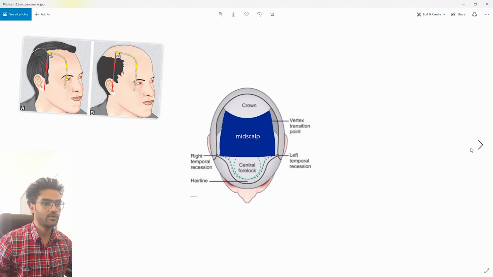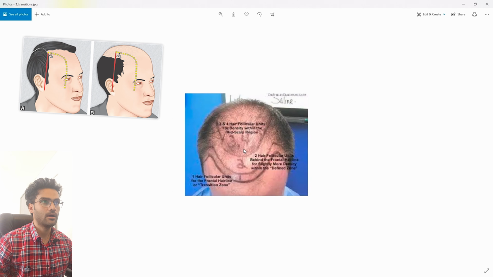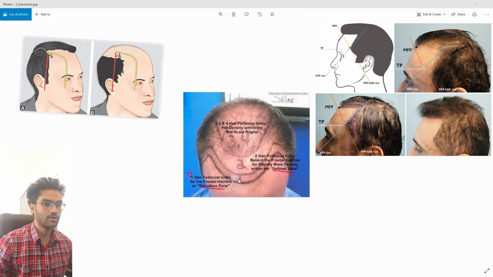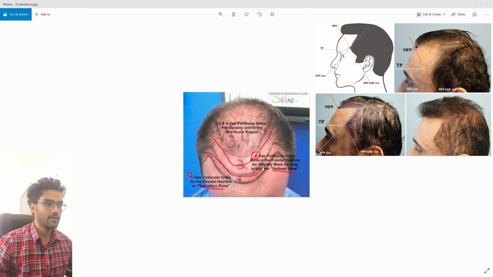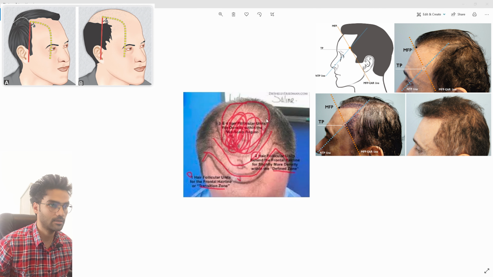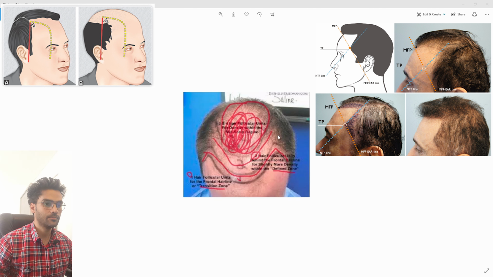Moving on, in this picture you can see real-life hair conditions. Here we are talking about the first, second, third, and fourth areas, and you can see these different defined zones. This first one is called the temporal transition zone, and as we move forward we get higher density of hair.